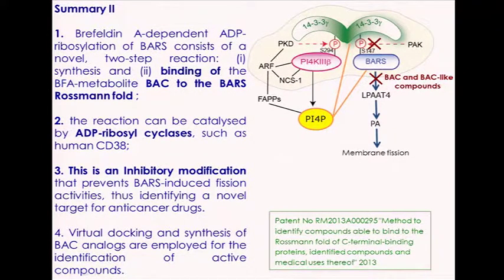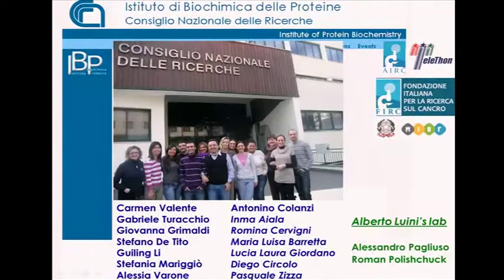I showed that this process can be inhibited by the toxin Brefeldin A, but this ADP ribosylation can be exploited for identifying molecules that can inhibit this process. And we have a patent that has already passed the first series of examinations, and so we are working actively on this aspect. So that's why I said in my title that you can really start from the unknown and reach, I hope, real translational science.